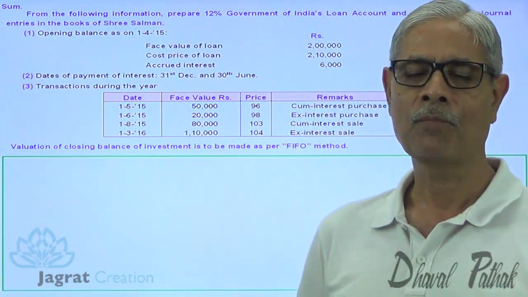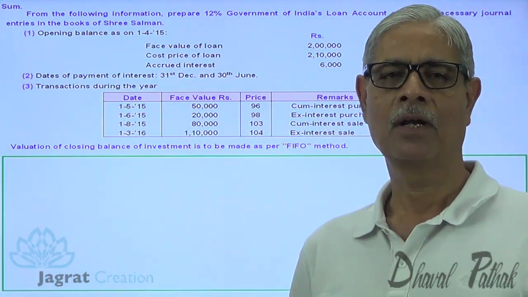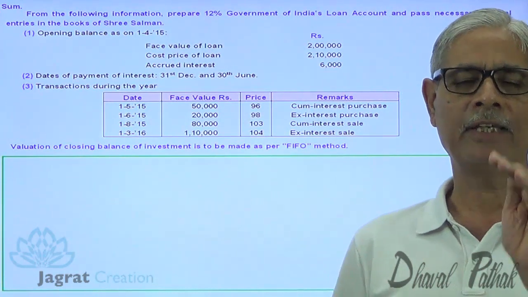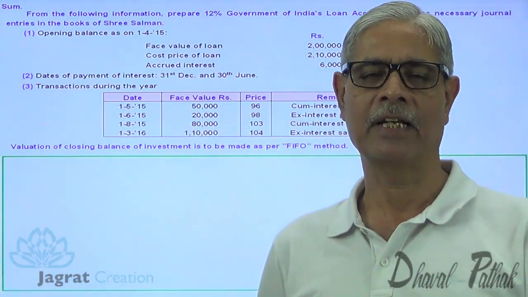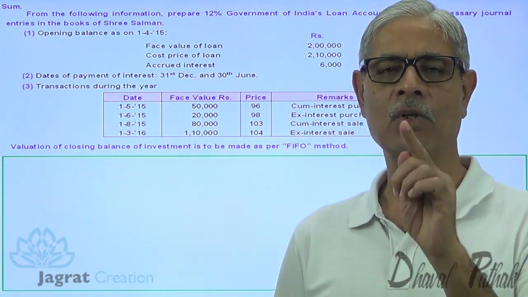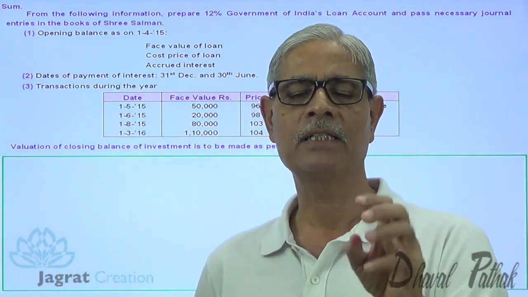But I will receive interest on the face value of investment held by me. So if I have sold the investment in between these two interest dates, I will not receive the interest on the interest date because I am not the holder of this investment.